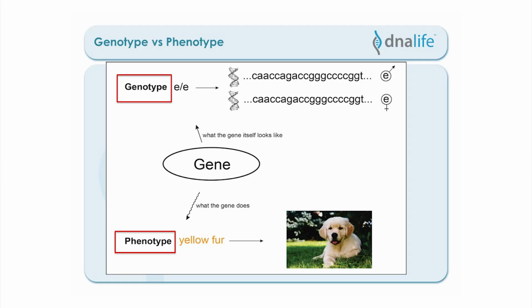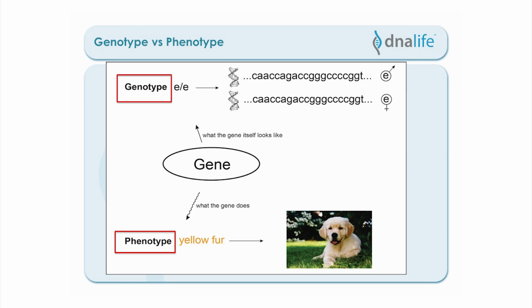The phenotype is what we see when we look at the dog. In this case, we've got a Labrador with its fluffy yellow fur, and that fur is as a result of the genes that it carries. If we were to change some of the letters in that dog's DNA, we would then get a chocolate-colored Labrador, and that would be changing the genotype, resulting in a change of phenotype.